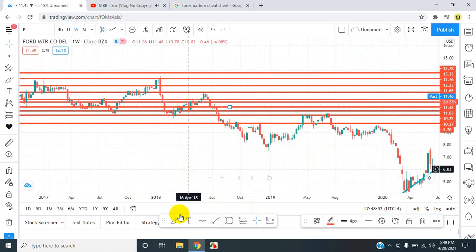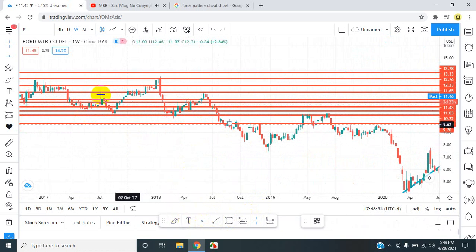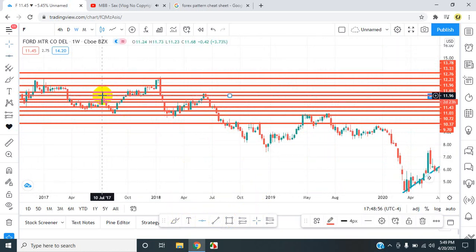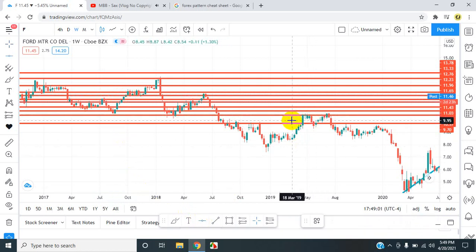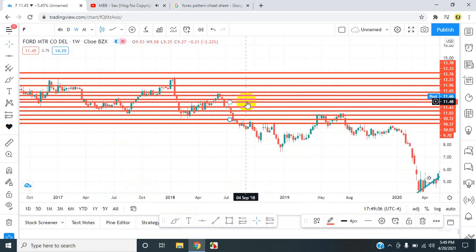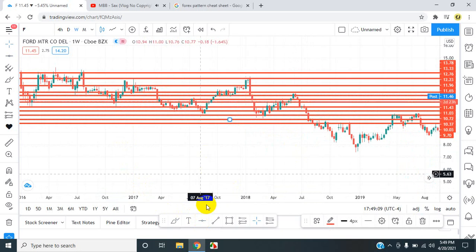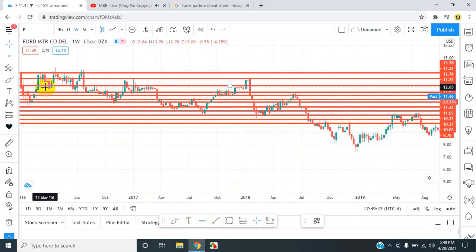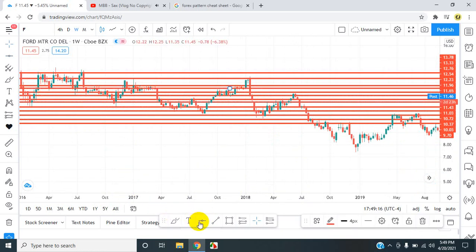Clean touch on the opposite side. We have more inverted peaks here. We also have some here. Also some inverted peaks here. About two more here. One more here. Here's a peak.